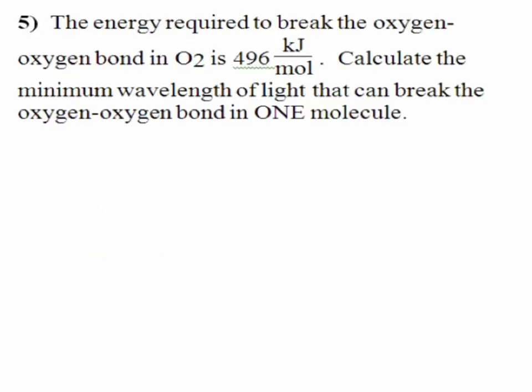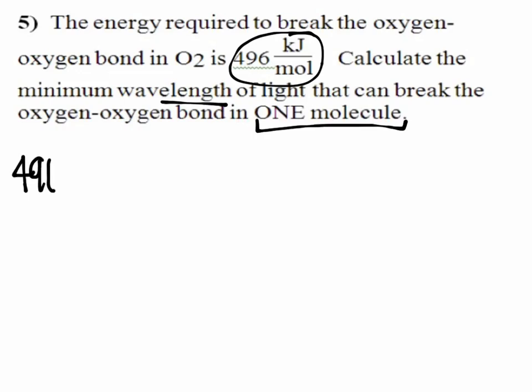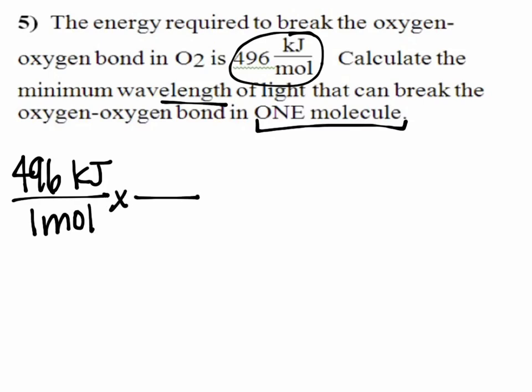calculation of these. The energy required to break the oxygen-oxygen bond is 496 kilojoules per mole. Calculate the minimum wavelength of light that can break the oxygen-oxygen bond in 1 molecule. So my first step is to take our 496 kilojoules per mole, and we need to convert that to joules.